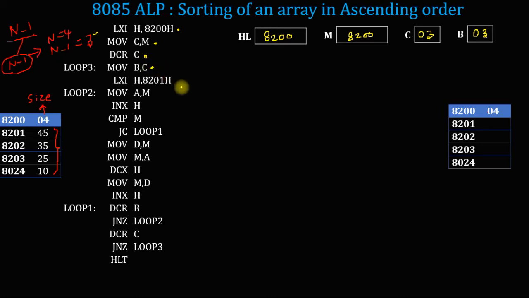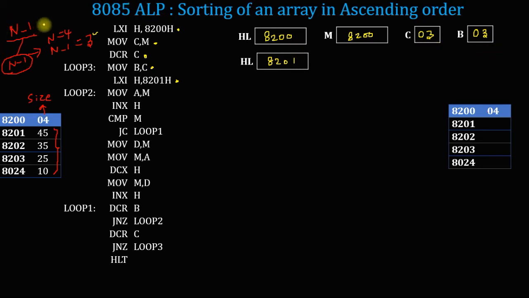Then next, LXI H, 8201. Now the HL register pair is loaded with the value 8201. This is the execution output for this instruction. So far, C is loaded with 03 and B register is loaded with 03.